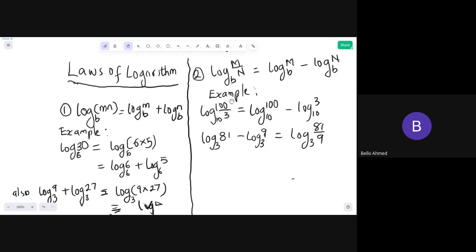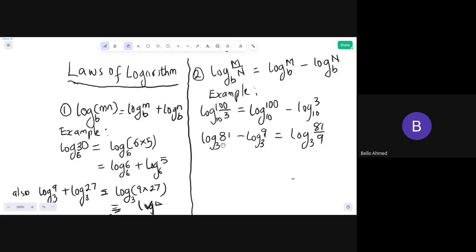A simple example is this: logarithm of 100 divided by 3 to base 10 is going to be equal to logarithm of 100 base 10, then this division is going to turn to minus, then logarithm of 3 base 10. That is it. So also when you have logarithm of 81 base 3 minus logarithm of 9 base 3, simply know that this minus is going to give us division.